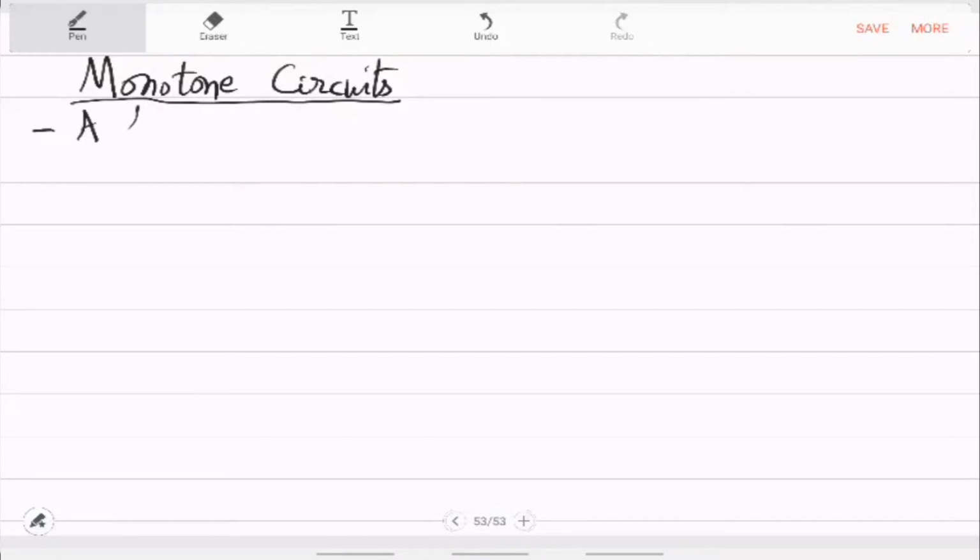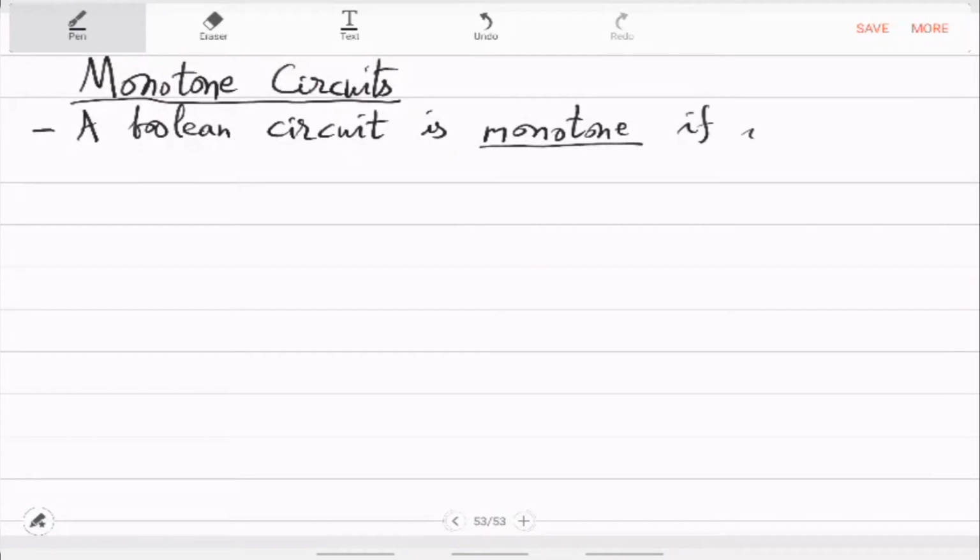It's a Boolean circuit if it contains only AND and OR gates.